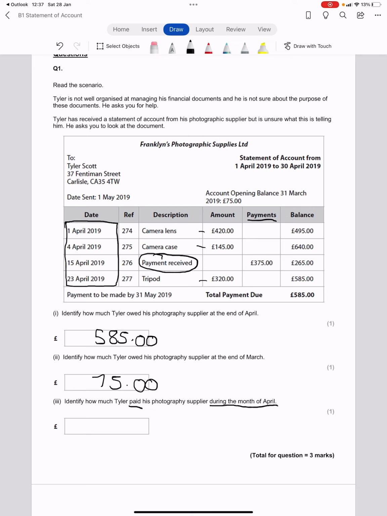So we're looking for how much Tyler paid his photography supplier during the month of April, and we know that the only payment received was £375. So that is the answer to this question, and we're just going to write in £375. Now, just to highlight why I've not put the pound sign on the front, the pound sign has already been given here, so we don't need to write the pound signs in for these questions. And that's statement of account.